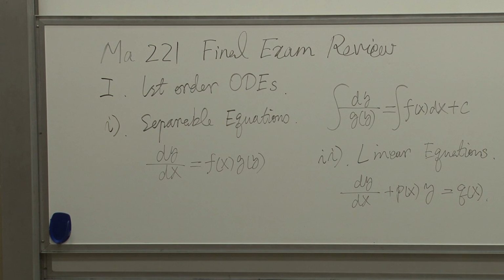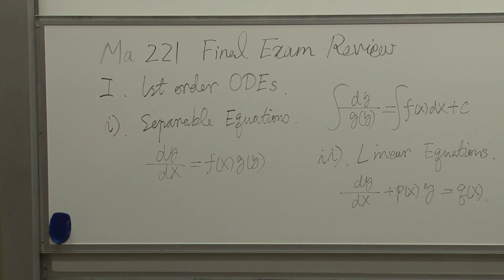We solve this equation using the so-called integrating factor technique. An integrating factor, denoted by, say, mu, can be expressed as e to the integral of p of x. This is an integrating factor.